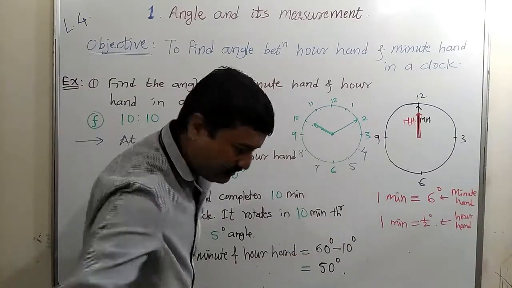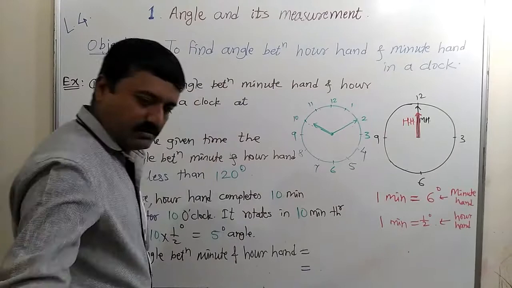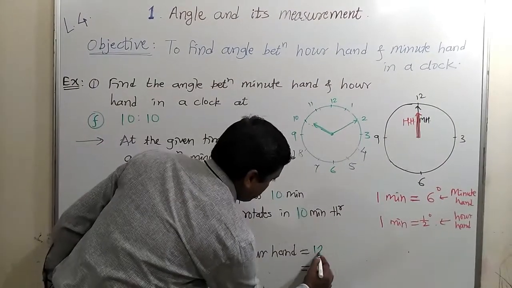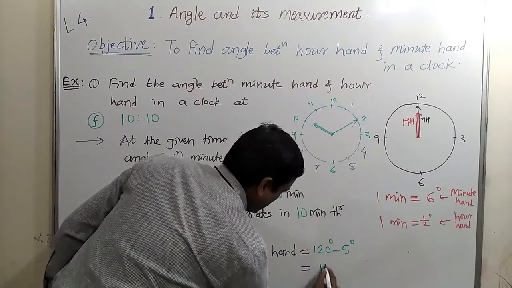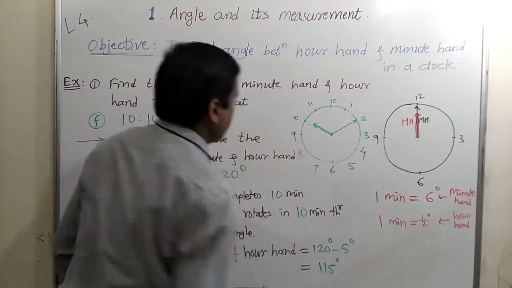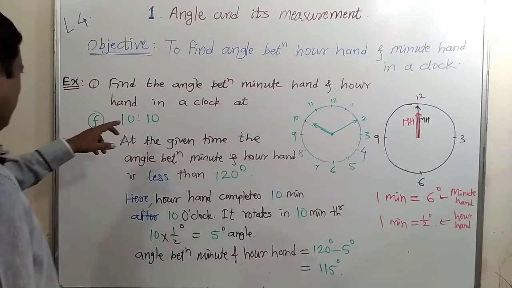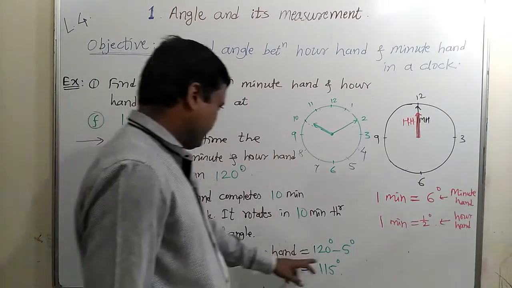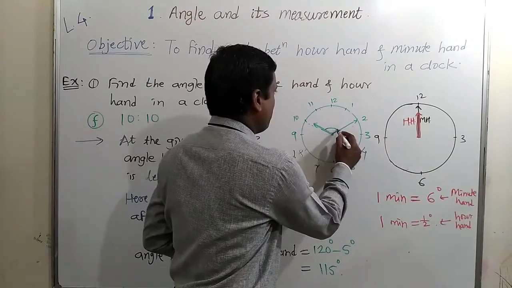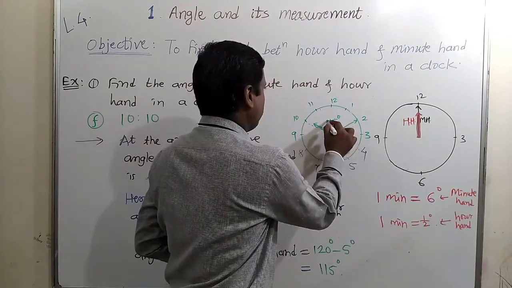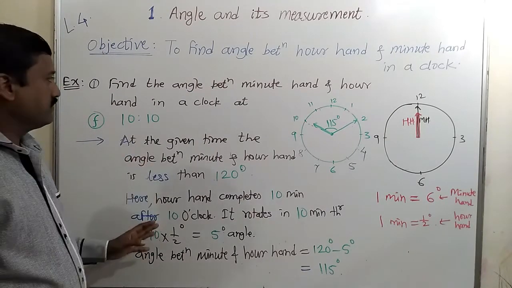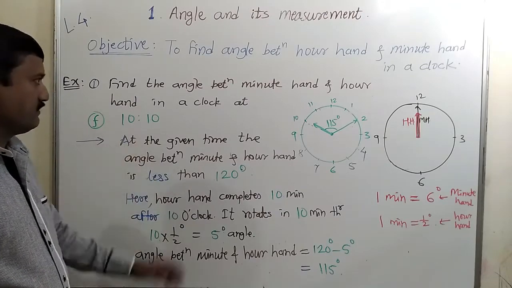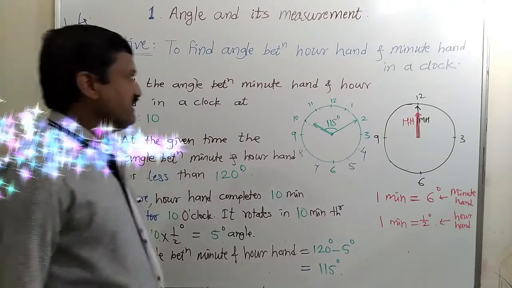So the angle between minute and hour hand is 120 minus 5 degree, and it is equal to 115 degree. So at 10:10, the angle between minute hand and hour hand is 115 degrees. Okay. So all these examples are very much similar. At any time you can find angle between minute hand and hour hand. Okay.